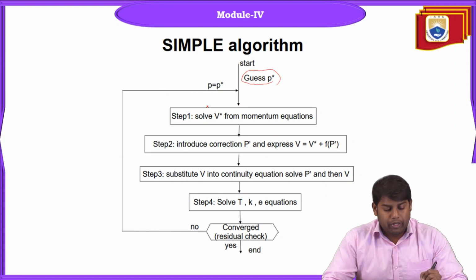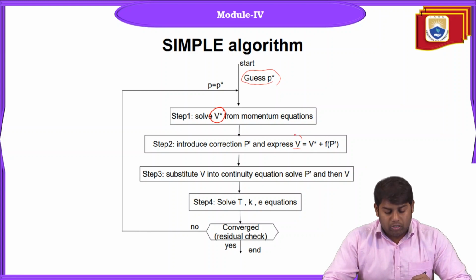This goes into the momentum equation to get the output V star. Once we get this, we use the pressure correction equation to get the exact value of V with respect to V star.